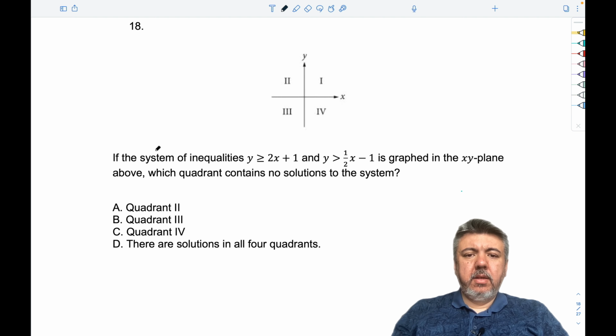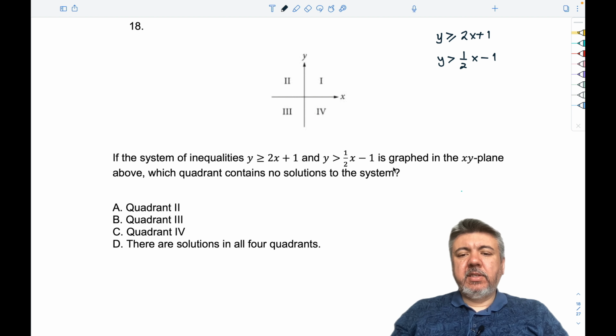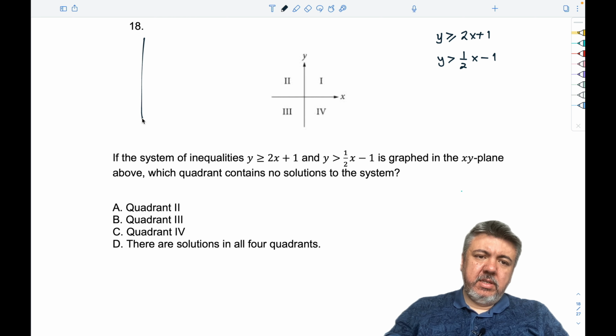Question 18. If the system of inequalities y greater than or equal to 2x plus 1 and y greater than 1/2 x minus 1 is graphed in the xy plane above, which quadrant contains no solutions to the system? Okay, this is a serious business. Let's do it carefully.